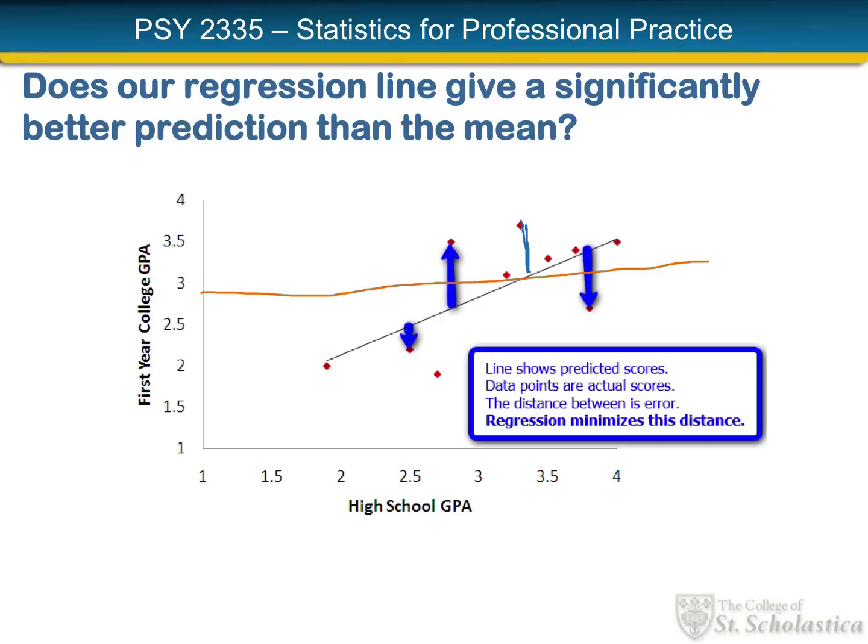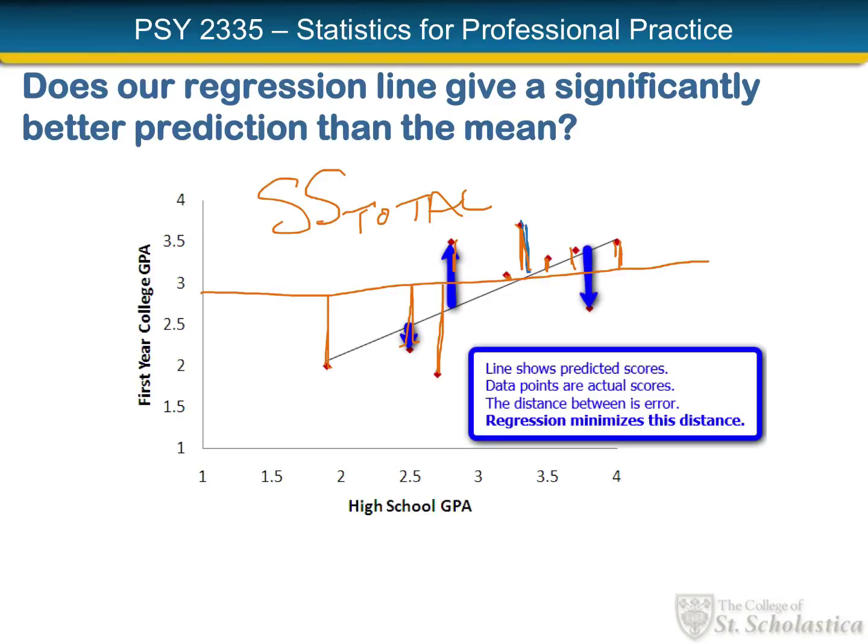So we could compute the errors around that mean by taking the squared differences and adding them up. And if you remember from our analysis of variance, that would give us a sum of squares total. All of the variability that we have in the y variable would be that sum of squares total.